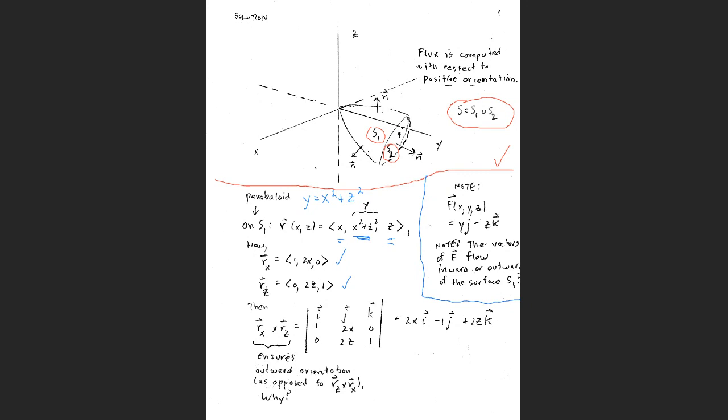And the order in which I do the cross product matters. I'm going to do, in this case, the derivative vector r sub x cross r sub z. And that's going to get me 2xi minus 1j plus 2zk. This is going to ensure outward orientation. Why? Well, we'll talk about that. Let me give you a moment to copy this information down, okay? And then we'll talk. Please let me know if you have any questions.